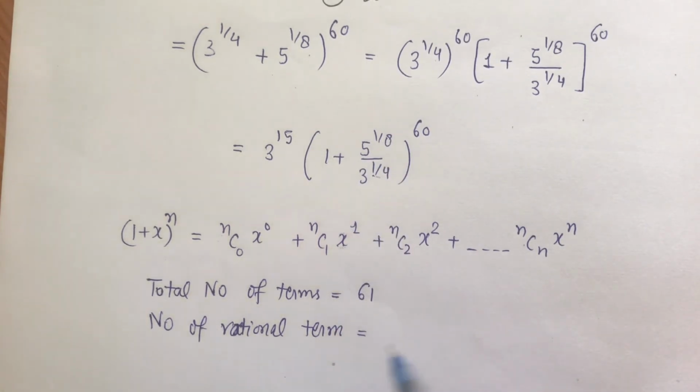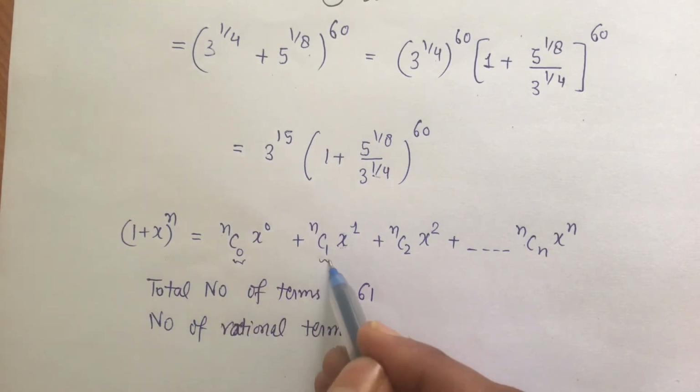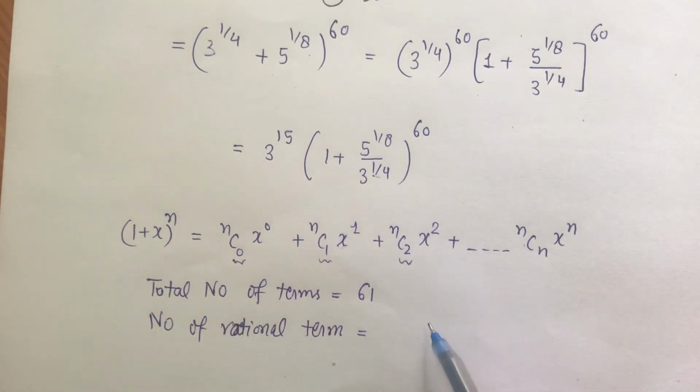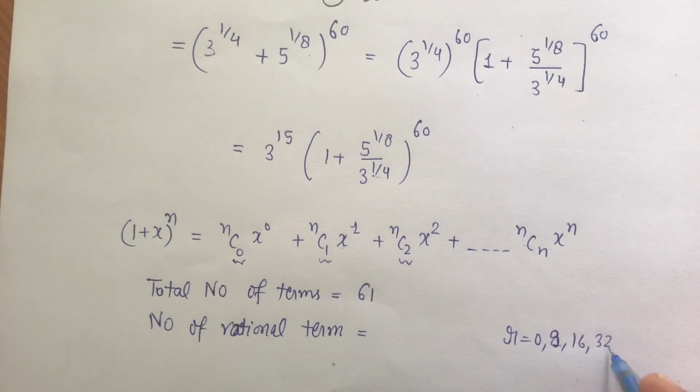That means this suffix, we denote it by r, so r can be either 0, not 1, since 1 is not a multiple of 8, so it should be 8, then 16, then 24, then 32, 40, 48, then 56.